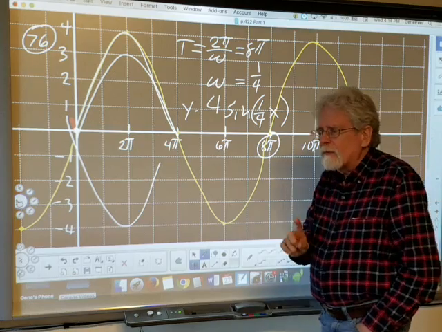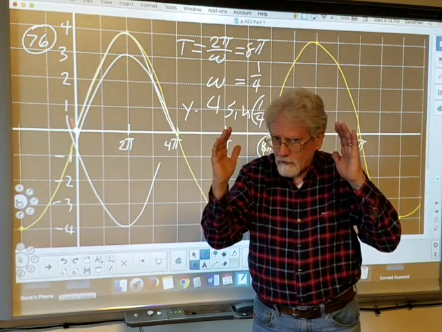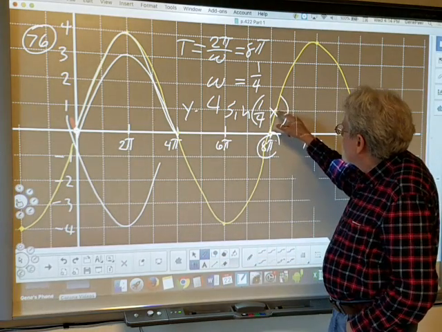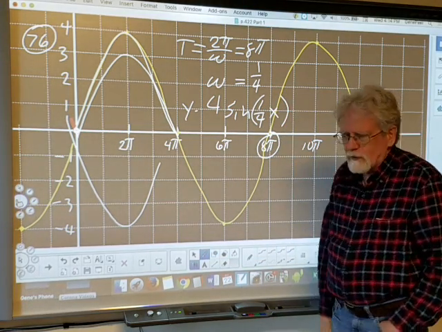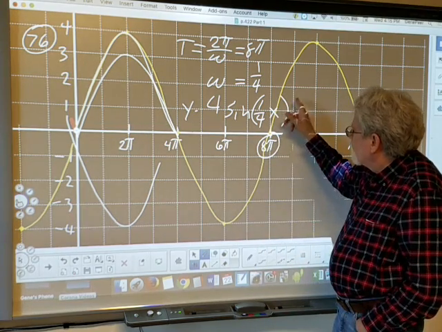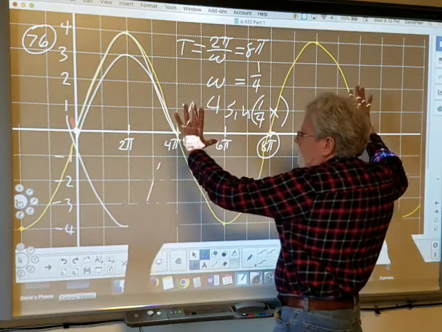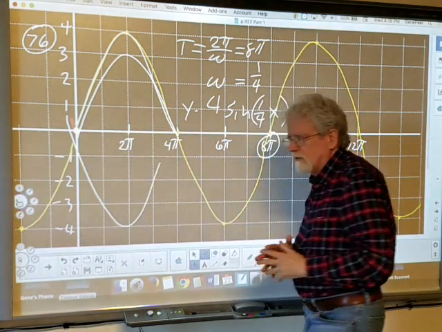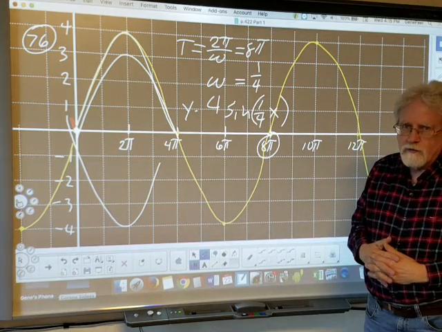Remember what adding something does when you do it inside the parentheses? It moves it to the left. So if we said plus 1/4 pi, we would just take the whole thing and shove it 1/4 pi to the left. So it would be a phase shift.